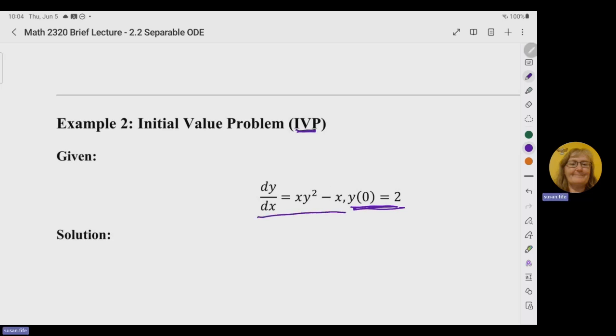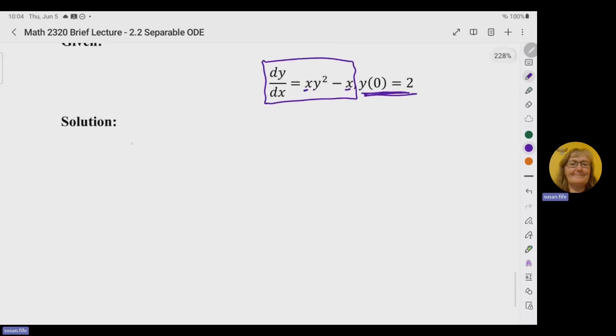So here's my differential equation. I have my derivative isolated already on the left side. On the right side of the equation, I notice that I have an x in common that I can factor out. So this will give me dy over dx equals x times y squared minus 1.